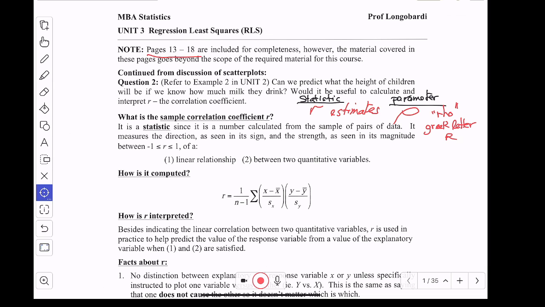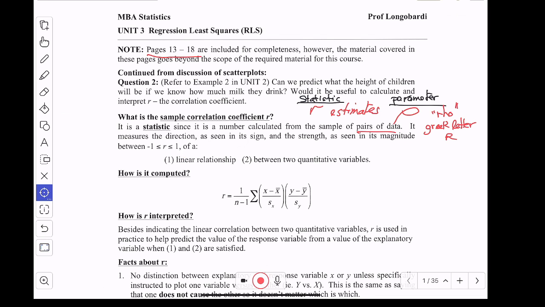So it's a statistic since it is a number calculated from a sample of pairs of data. It's still data. It measures the direction, as seen in its sign, and the strength, as seen in its magnitude, between -1 and 1.